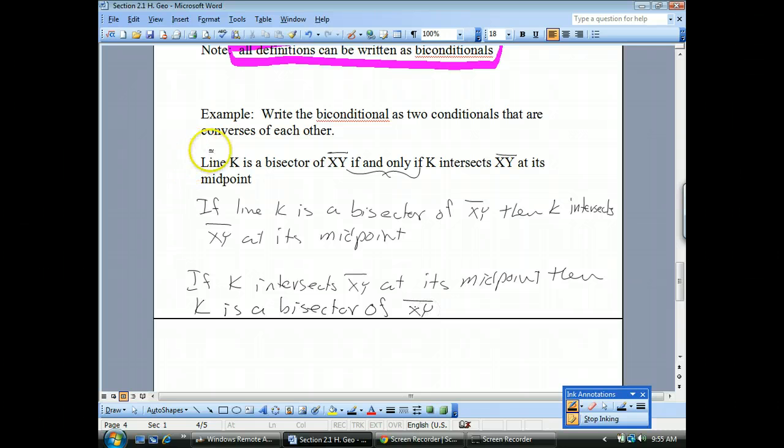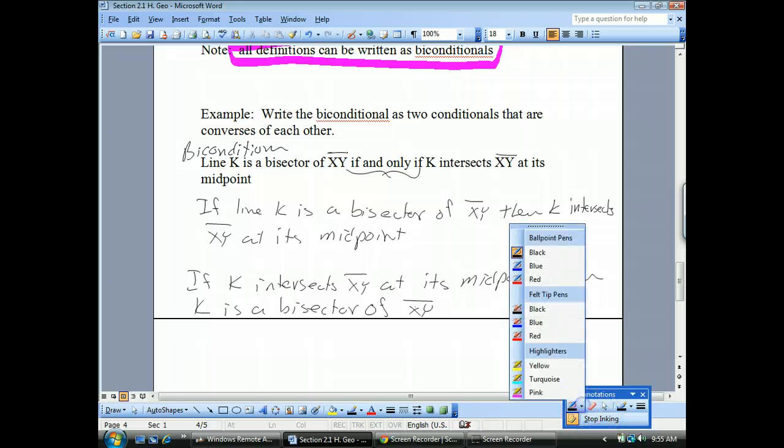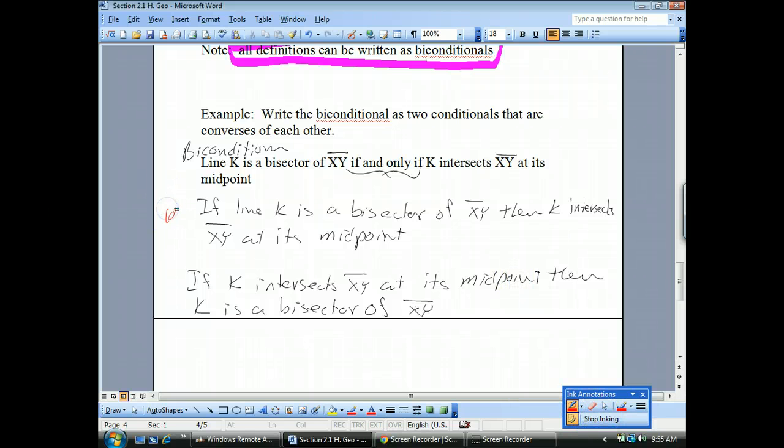Okay, so there I've taken a biconditional and I've broken it up into a conditional and its converse.